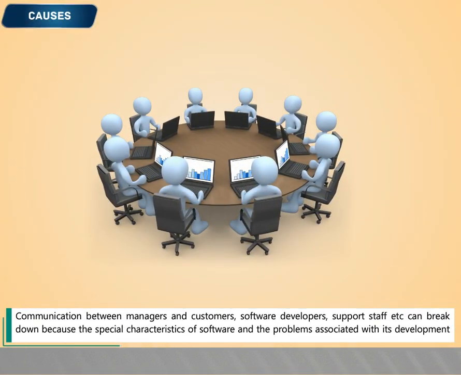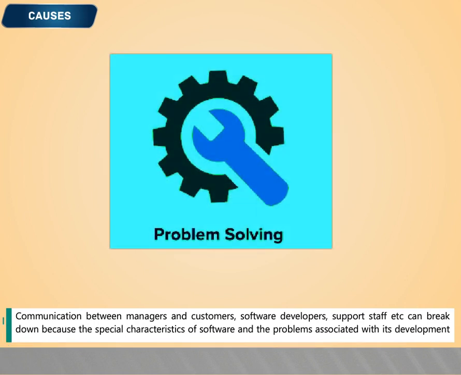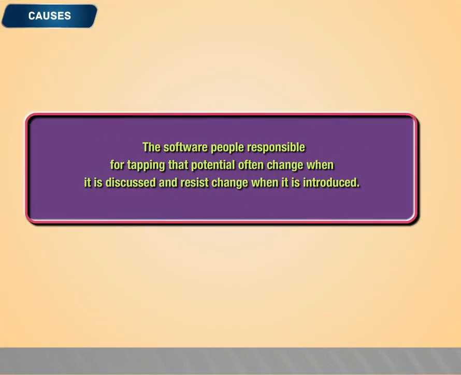Communication between managers and customers, software developers, support staff, etc. can break down because the special characteristics of software and the problems associated with its development are misunderstood. The software people responsible for tapping that potential often change when it is discussed and resist change when it is introduced.